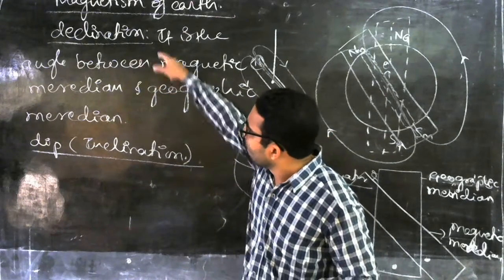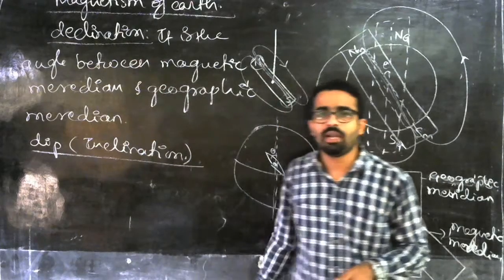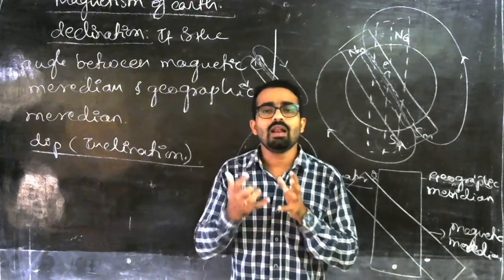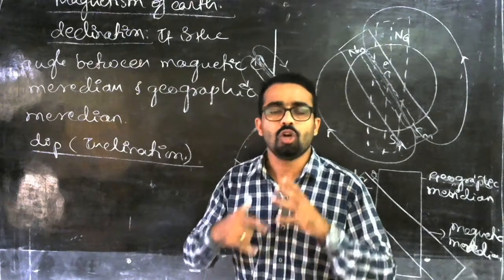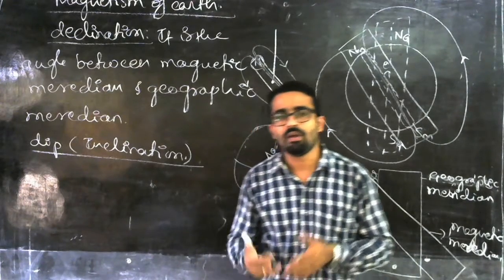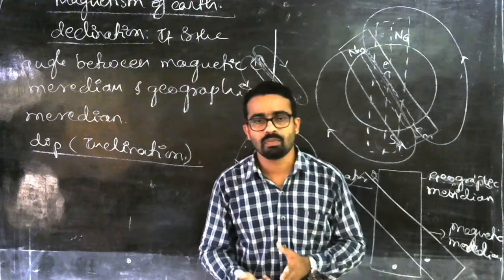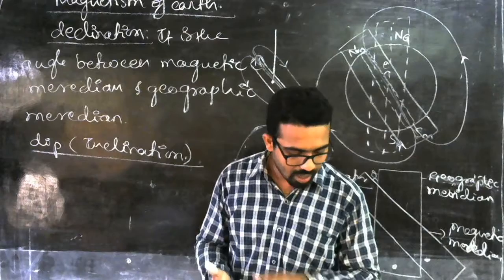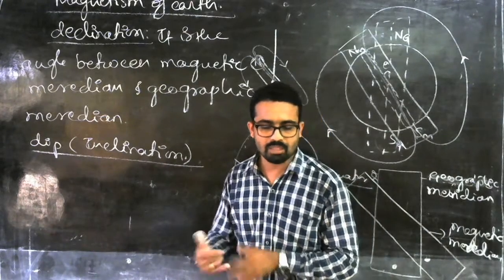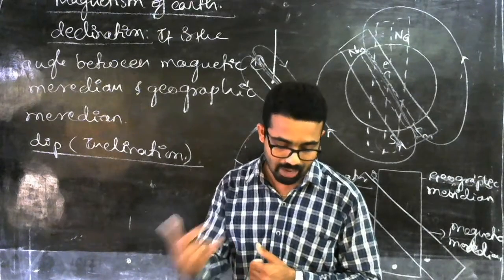Why are we discussing these components? They define the earth's magnetic field. To study the earth's magnetic field, we need some elements, and they are known as earth elements, the elements of the earth's magnetic field.